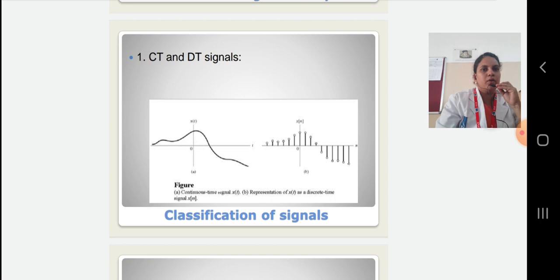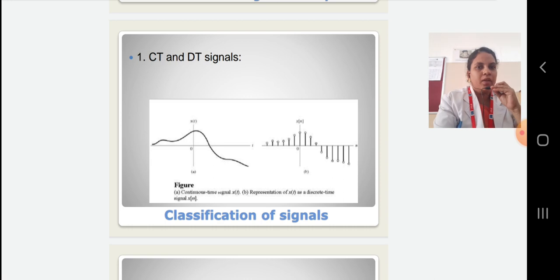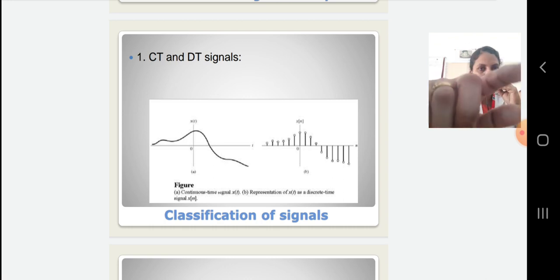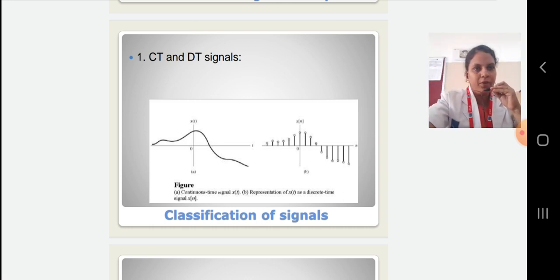Basically we have to know two things, what is a continuous time signal and what is a discrete time signal. CT stands for continuous time signal and DT for discrete time signal. What is a CT signal? See the images. It consists of two images. The first one represents time and amplitude. The amplitude may be continuously changing with respect to time, which means it is a continuous time signal.